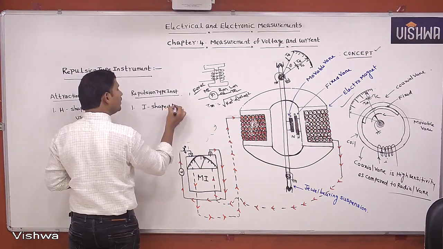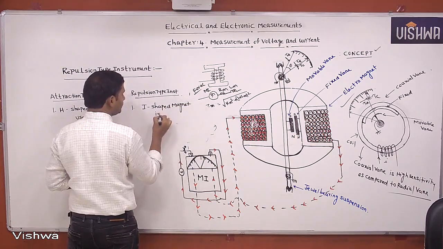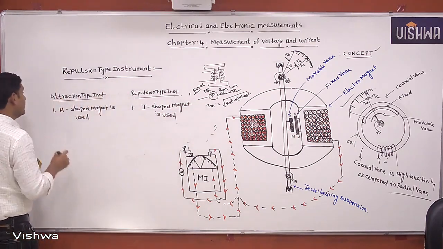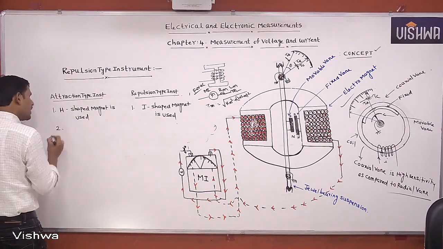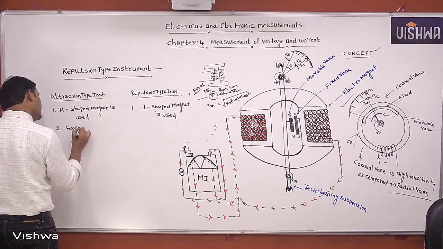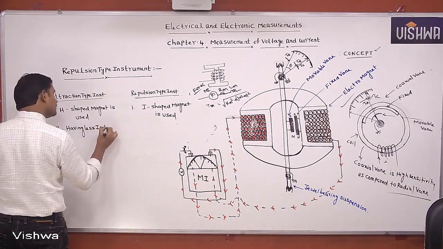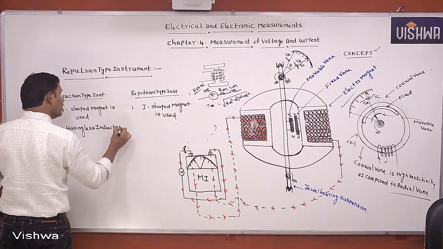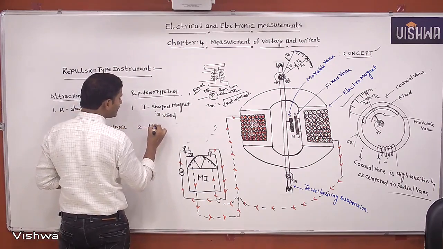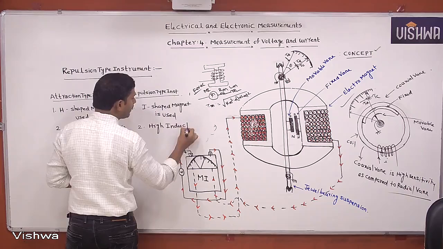Then these attraction type instruments have less inductance, and the repulsion type is made with high inductance. It offers high inductance.